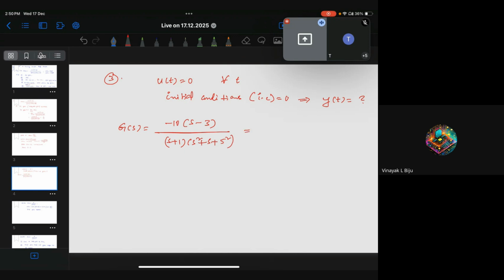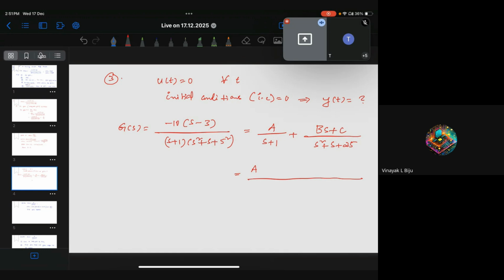Generally we divide this using partial fractions into A by (s plus 1) plus (Bs plus C) by (s square plus s plus 25). So the next step is to find these A, B and C expressions.